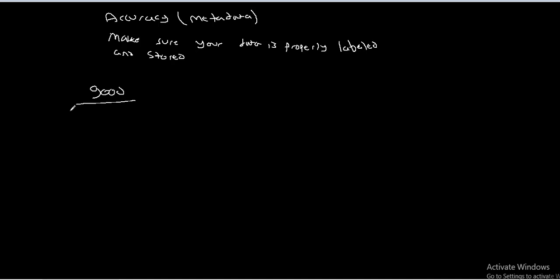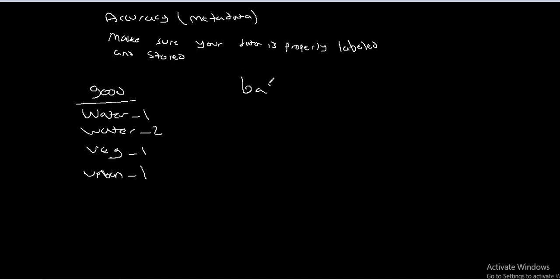A good example would be to name things like water_1, water_2, veg_1, urban_1. So we know what class it is and we know what point it is in the sequence.